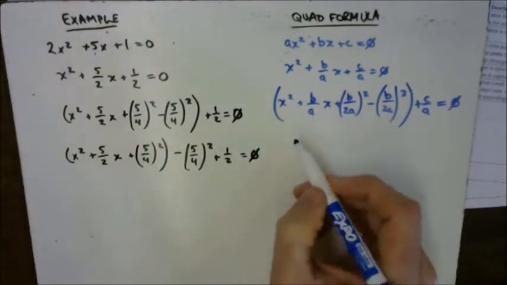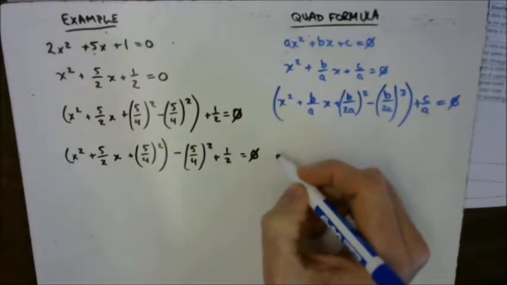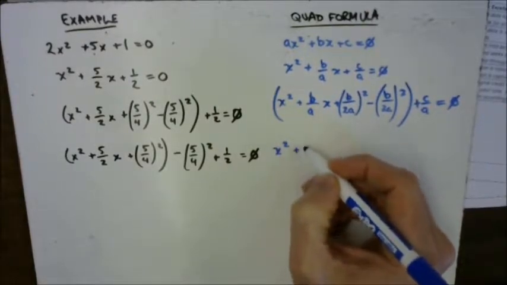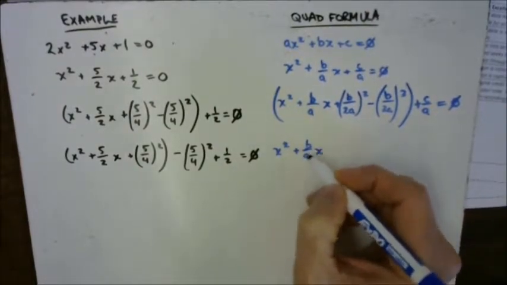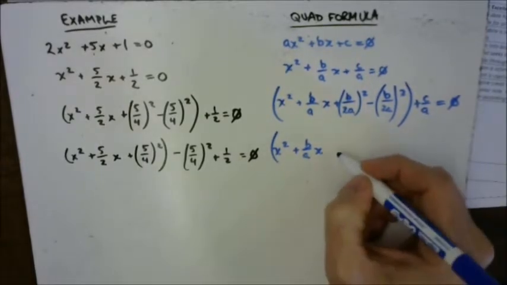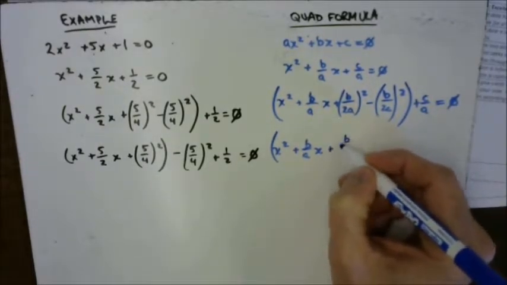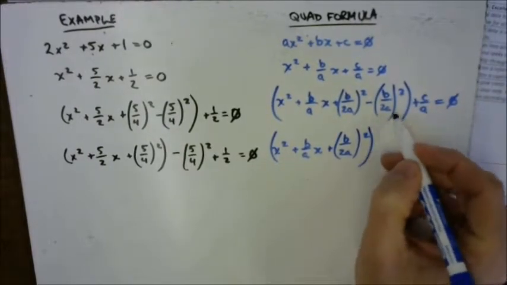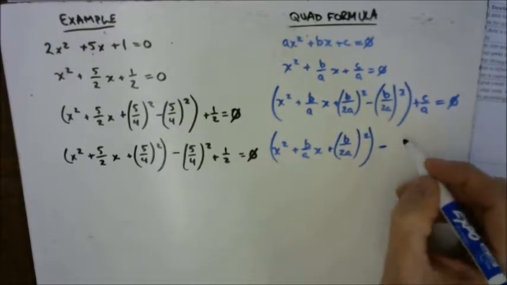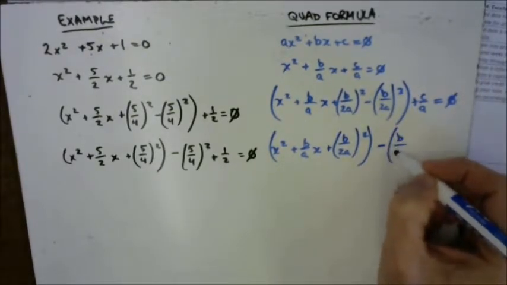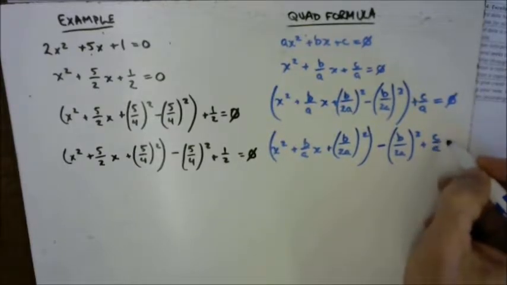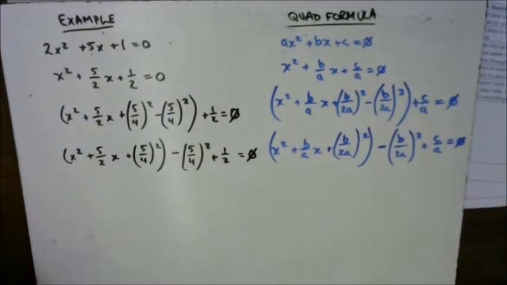Jumping over to our general example, that means we're going to be left with x squared plus b over ax plus b over 2a squared. We're going to move this negative b over 2a squared outside of our brackets. Still have plus c over a equals 0.